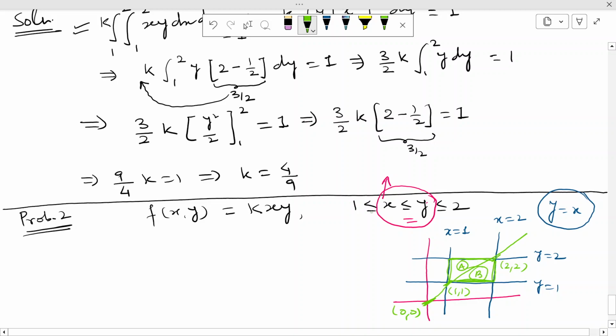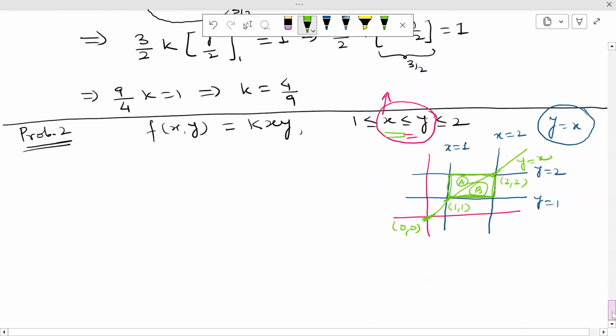Because the condition is x is less than or equal to y, and we know that on the line y equals x, x and y are both the same, this line divides the domain into 2 parts, A and B. Our part A is our required part.